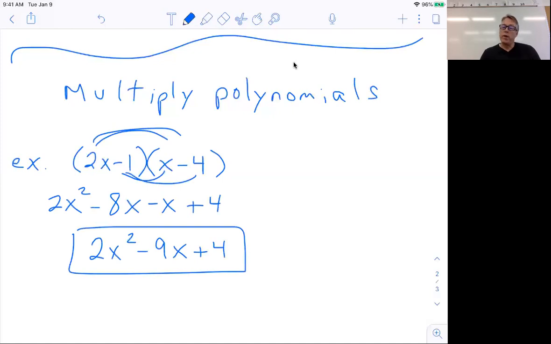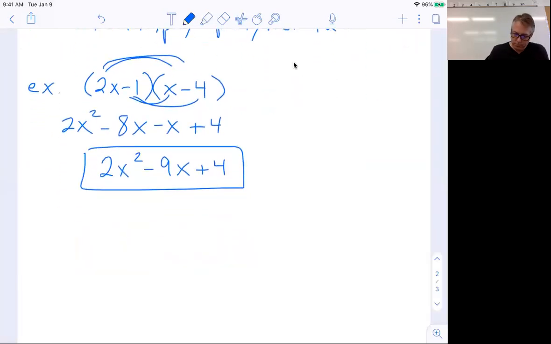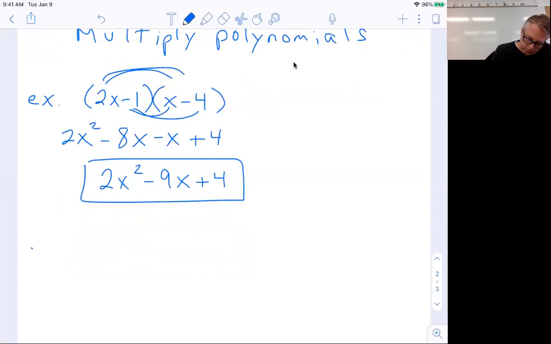So to throw some vocabulary out there, we multiplied two first degree binomials, and our result was a second degree trinomial. So let me do another one.